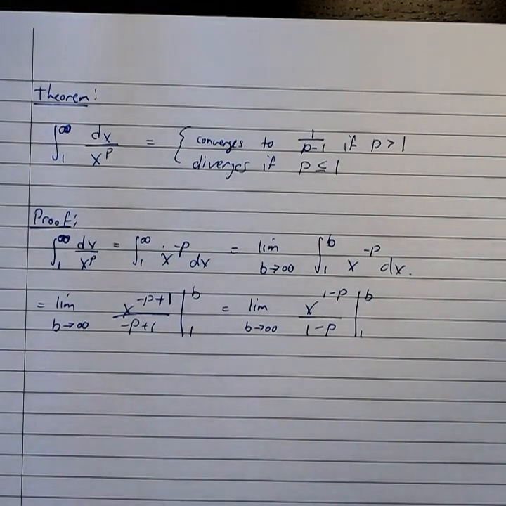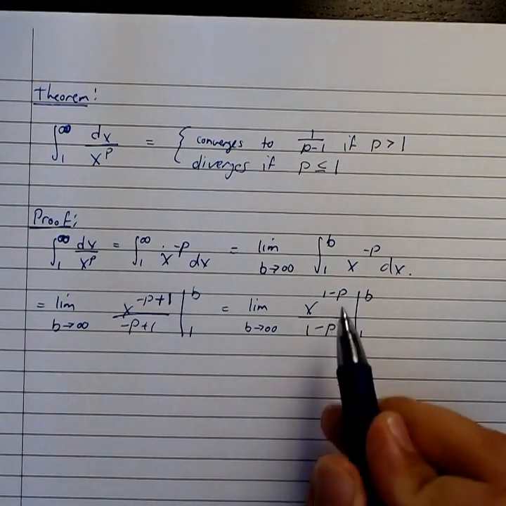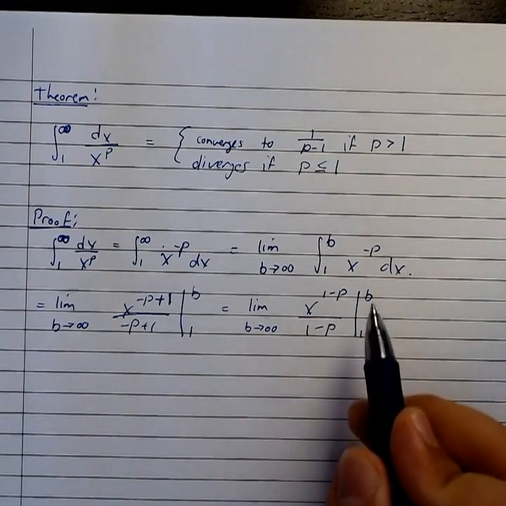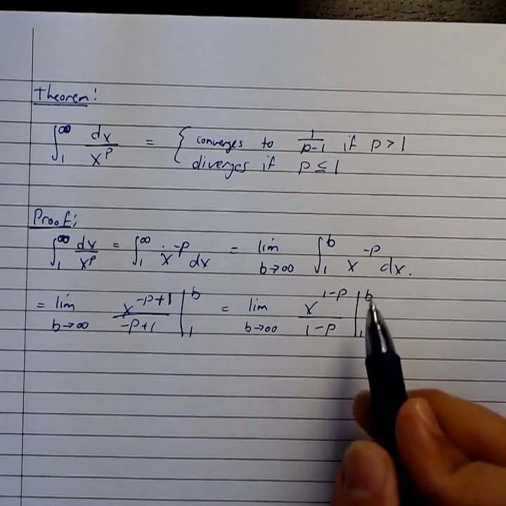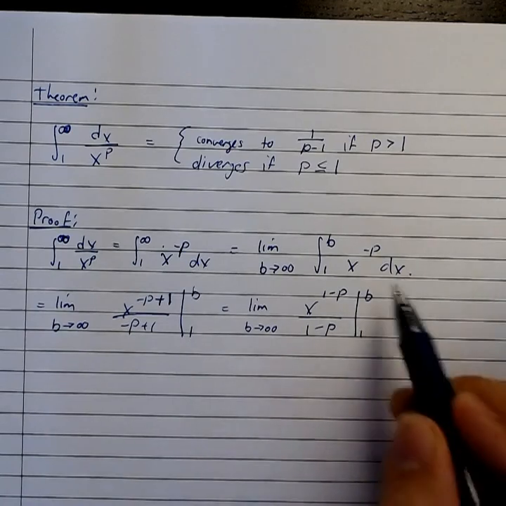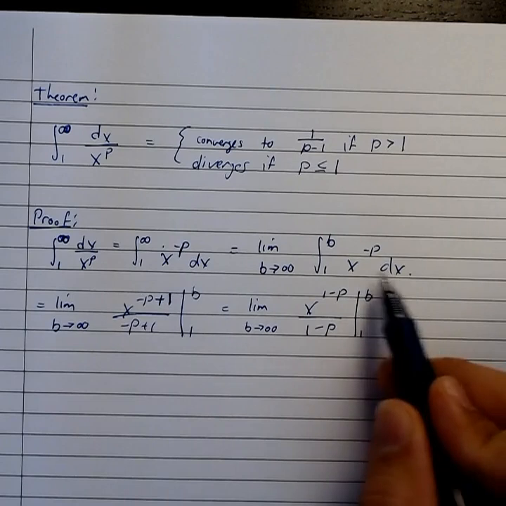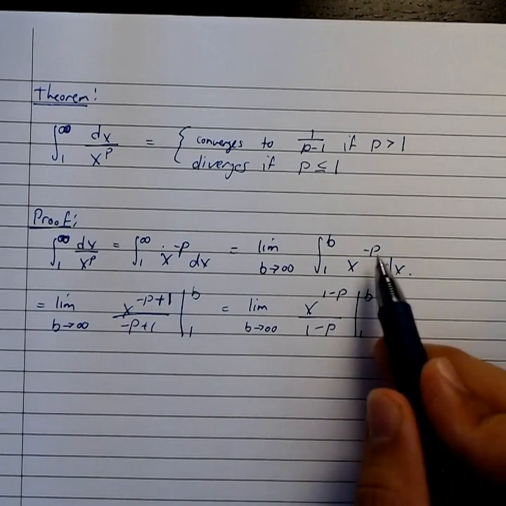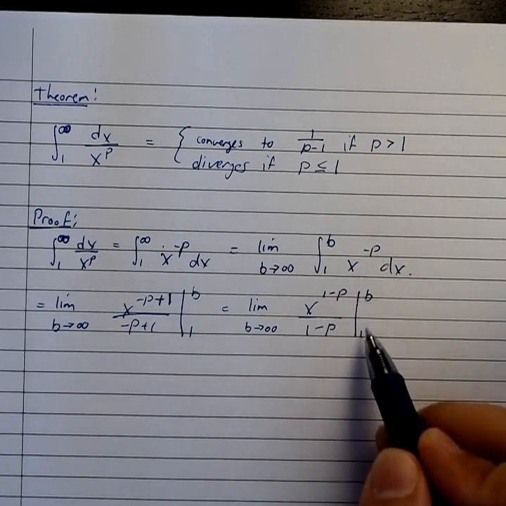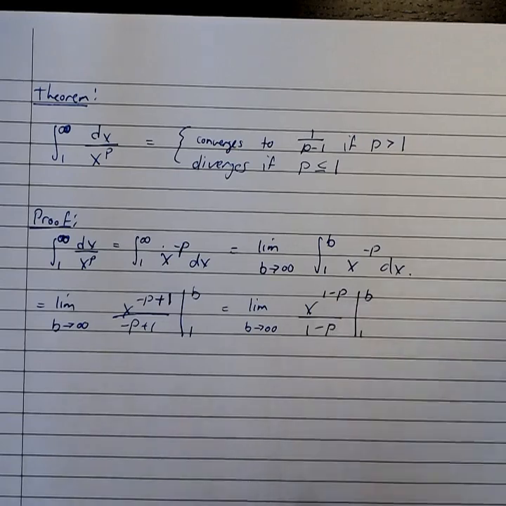Okay, so now this looks a little confusing. Sometimes it's hard to keep track. Wait, what am I plugging into? Remember, these are with respect to x. Because after all, you integrated with respect to x. So x is your variable, right? P is just some number. It's a constant. So don't plug these numbers in for p. You're plugging in for x.